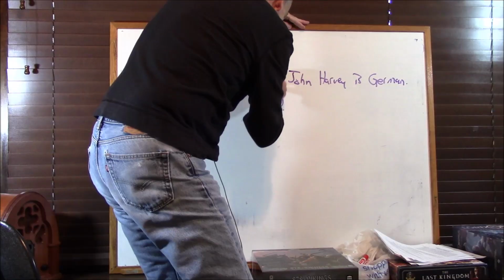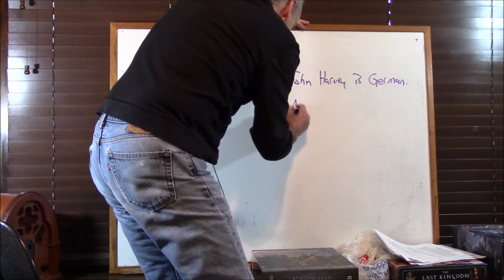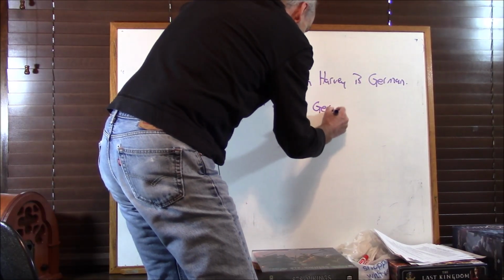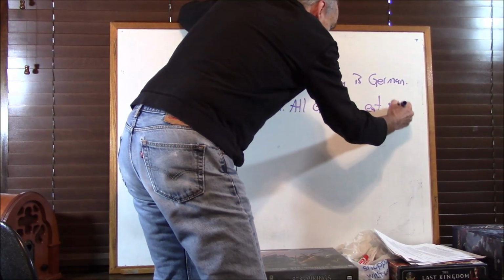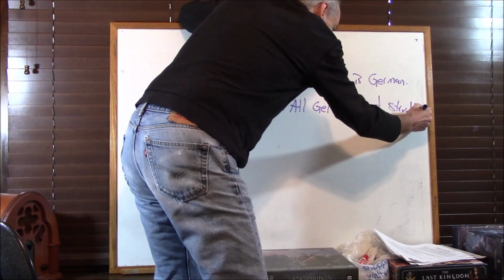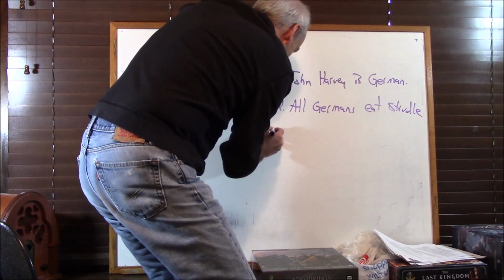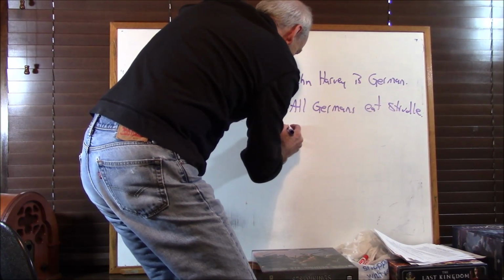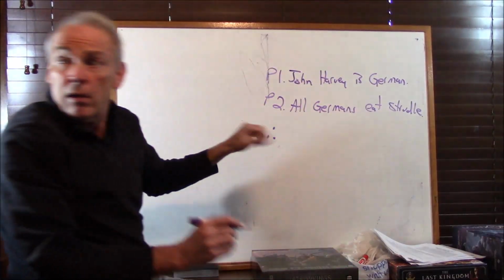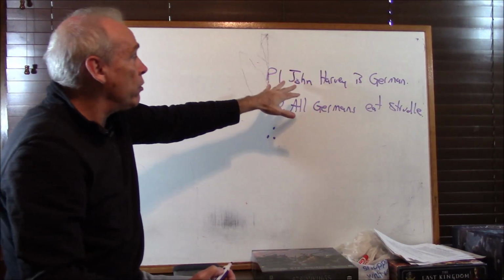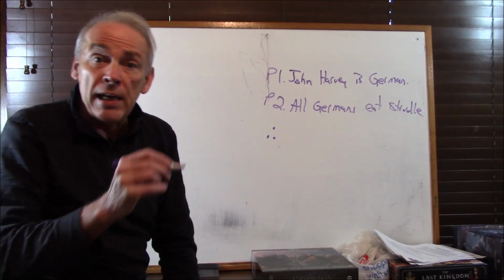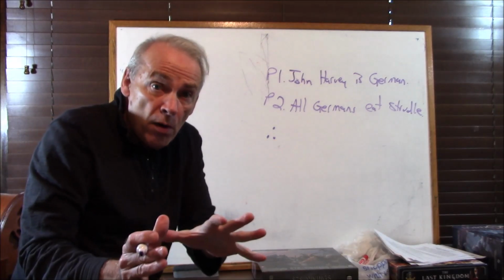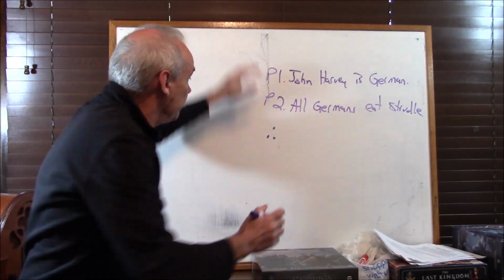Premise 2. All Germans eat strudel. Therefore, all right, so first premise, John Harvey is German. Second premise, premise number 2, all Germans eat strudel. Therefore, think about it, what's the conclusion?